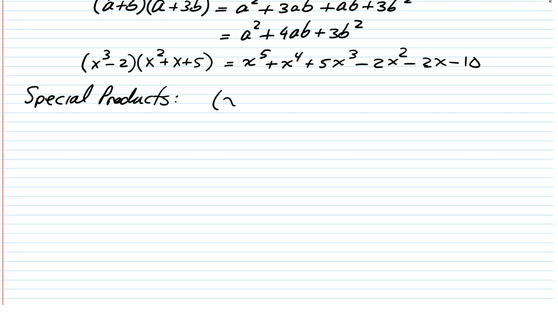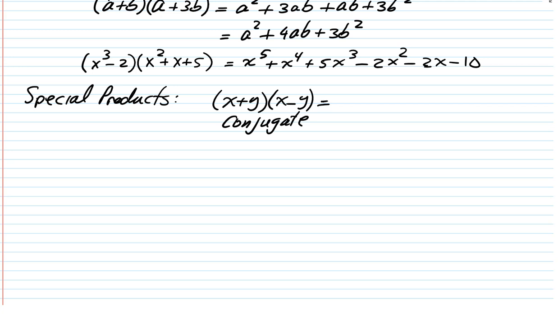These special products are when you multiply a binomial times another binomial. Now these 2 binomials are kind of special because notice one is plus, the other one is minus. So we call these conjugates. One is the conjugate of the other. A conjugate of x plus y is x minus y, and vice versa.